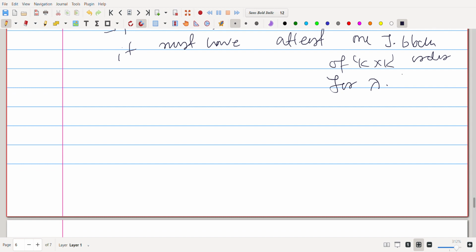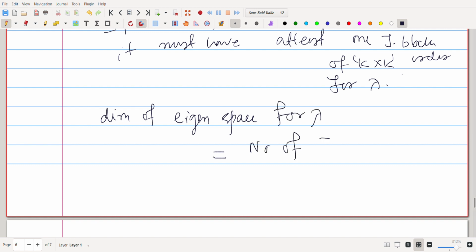Now, the dimension of the eigenspace for lambda is equal to the number of Jordan blocks.